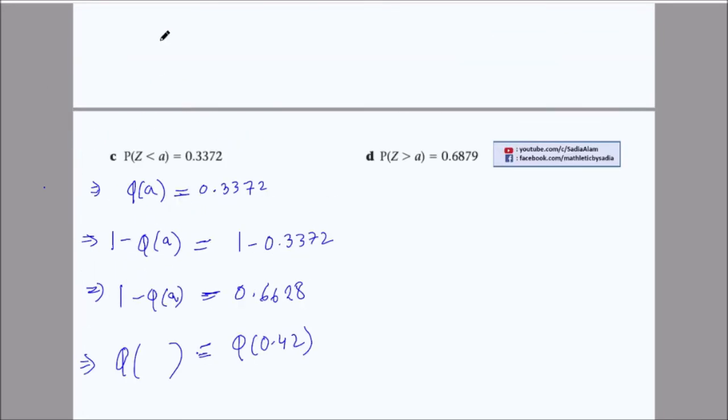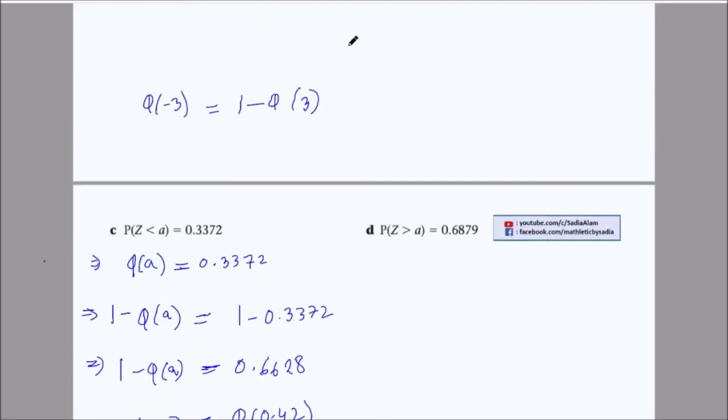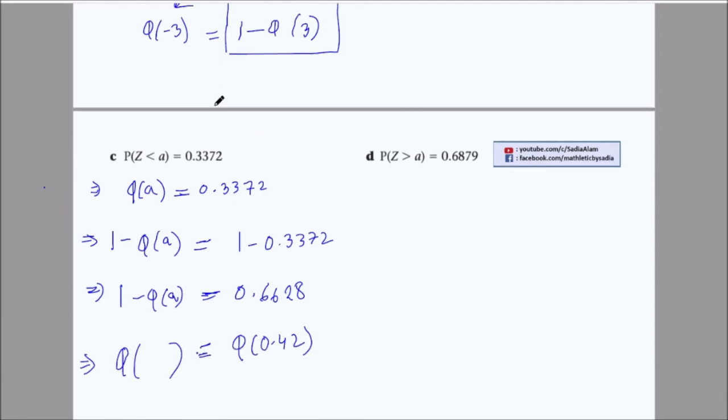So the point is, if you have phi of minus 3, in that case we write 1 minus phi of positive 3, right? For any negative value we use 1 minus phi. So if we have 1 minus phi of 3, we can replace that with phi of minus 3. If you just use 1 minus phi, the signs are opposite on the right side and the left side.